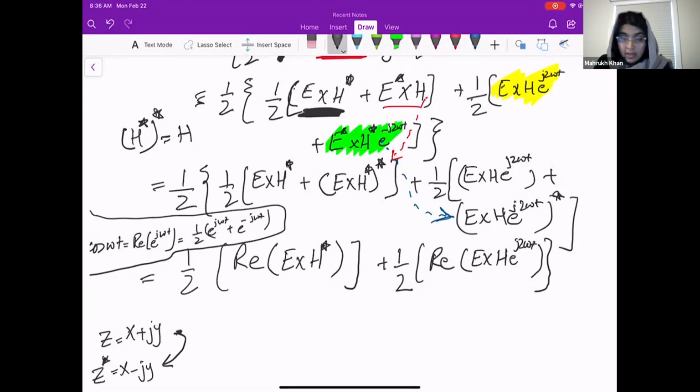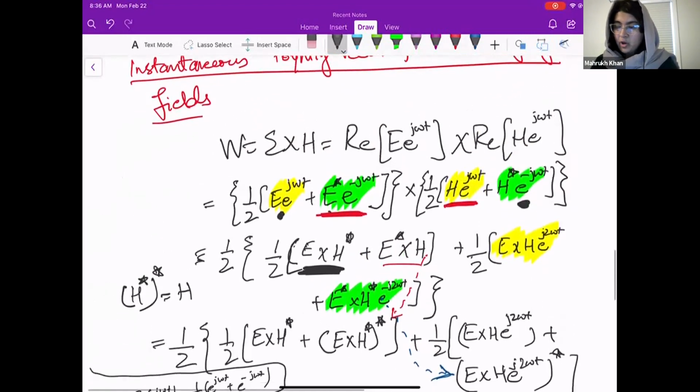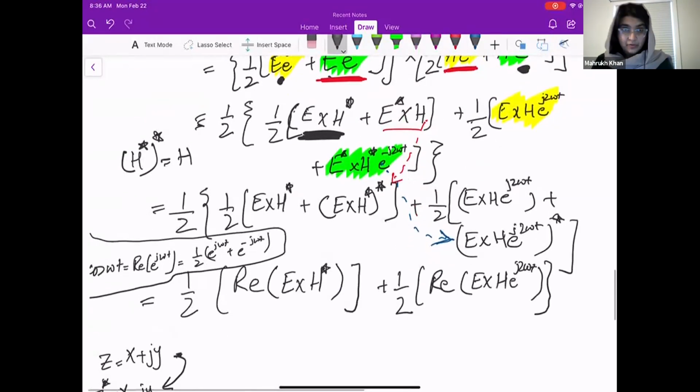I'm here. It's not difficult, it just looks tedious. What we are trying to do is build a relationship for the time varying Poynting vector.